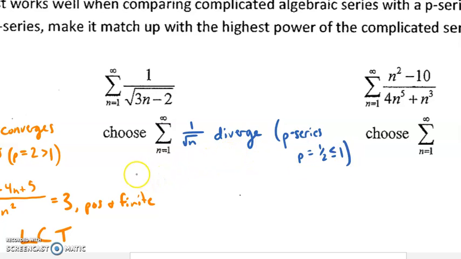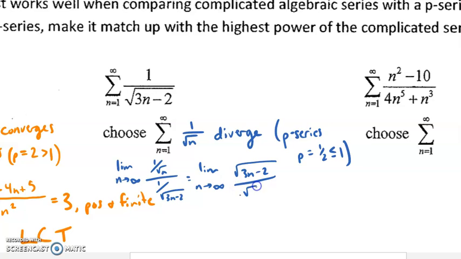So we'll now use the limit comparison test. We'll take the limit as n approaches infinity of, put either one of them on the top, put the other one on the bottom. You're going to start seeing a lot of similarities here between these problems. You're going to feel like you're doing the same thing over and over again. And this is the same thing as the square root of 3.